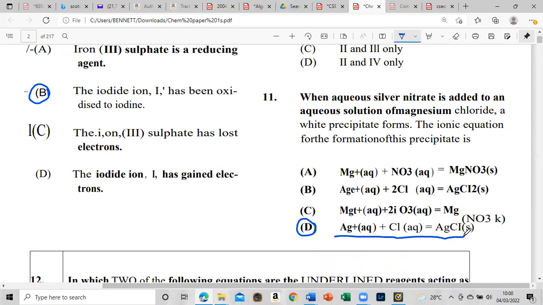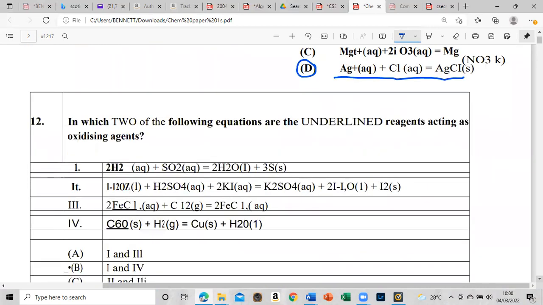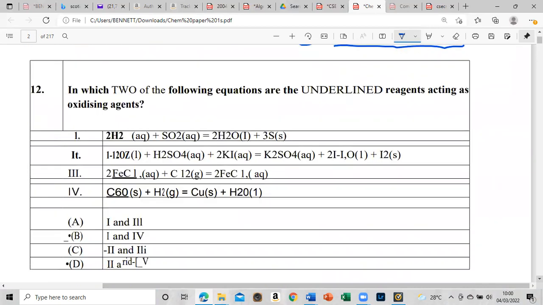All right, so guys, let's move on to number 12. In which two of the following equations are the underlined reagents acting as oxidizing agents? Definitely 1.